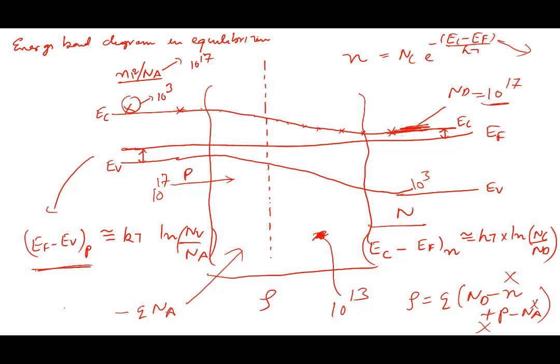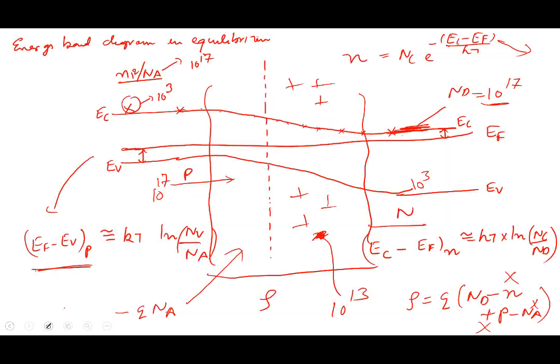So what you're finding is that I have a region which is all charged up: all positive charges here and all negative charges in this region. A positive charge region and a negative charge region. Makes sense or not? If you have a positive charge region on one side and a negative charge region on the other side, what is the direction of the field? The direction of the field is like this, right?